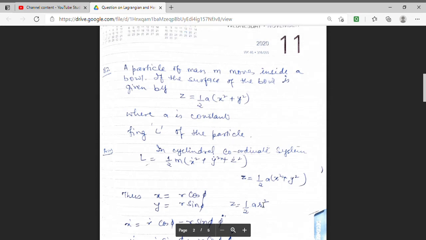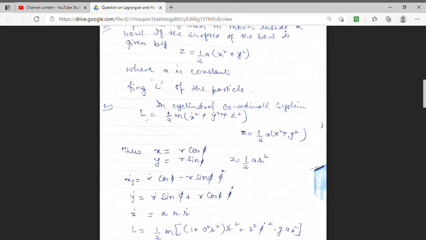So we have obtained the values of x, y and z. Now we can find their derivatives, that means x dot, y dot and z dot, and finding these values, we can easily obtain the Lagrangian of the system.